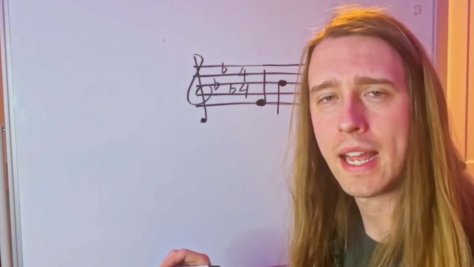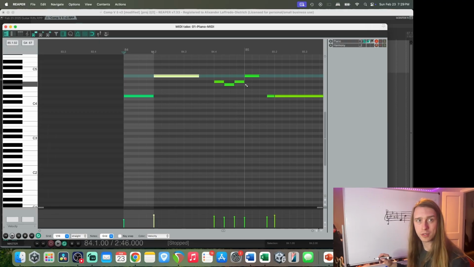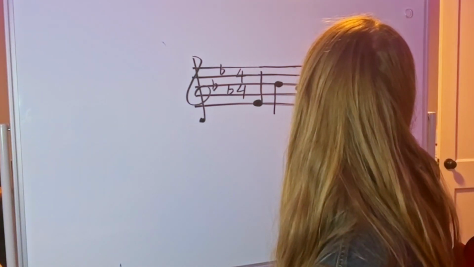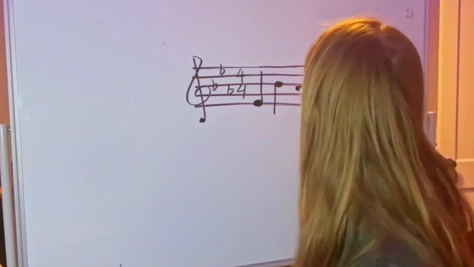All right, and then I have within a quarter note space 3 eighth notes. So it looks like I'm going to be doing a tuplet. So I have A flat to G to A flat. Okay. A flat to G to A flat. Very cool.